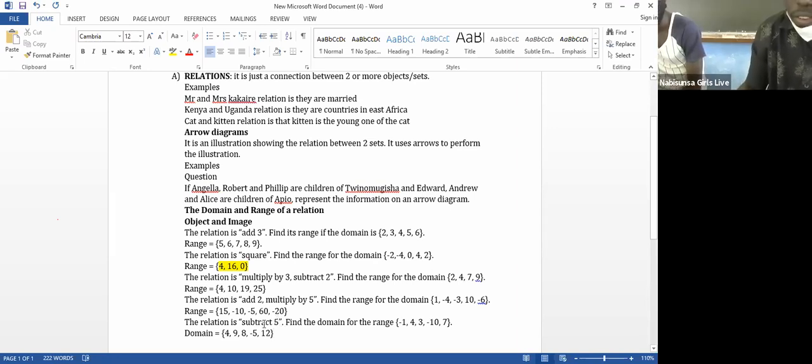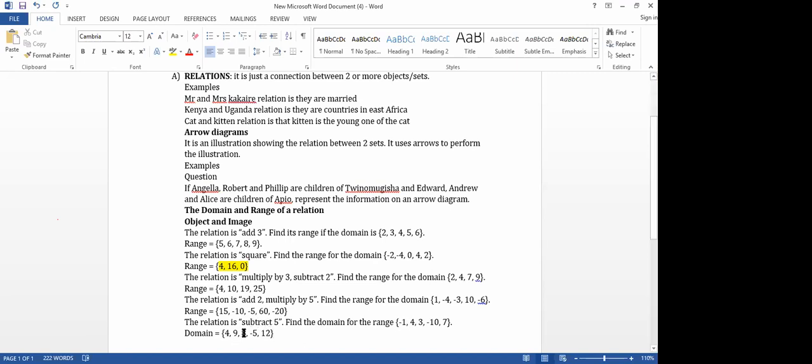You see, a relation takes you from the domain to the range. It is saying subtract 5. So if you're moving from the domain to the range, you subtract 5. But now we are moving from the range back to the domain. So you reverse the operation. Since it is a subtraction, the one which will move us from the range to the domain will be add.